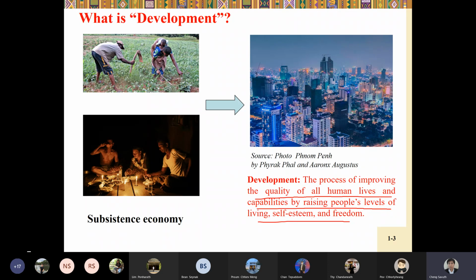I think maybe a good description would be, you can see a transformation from the subsistence economy like this one, where farming depends on traditional technology. I mean, 1,000 years ago they used this approach to do the farming.